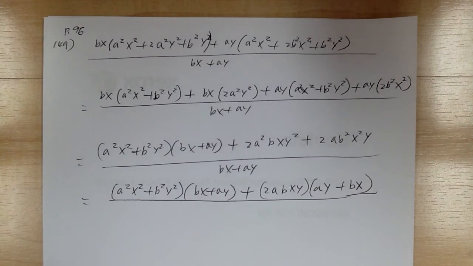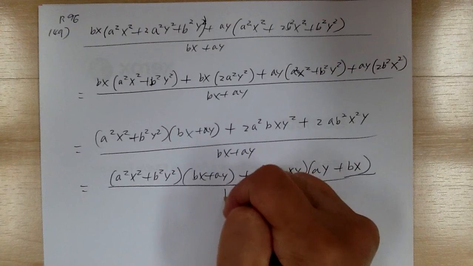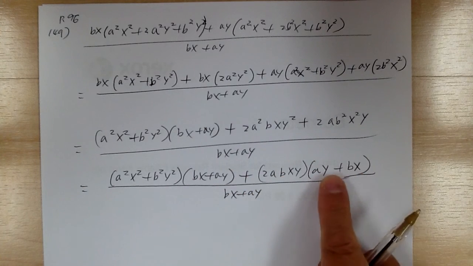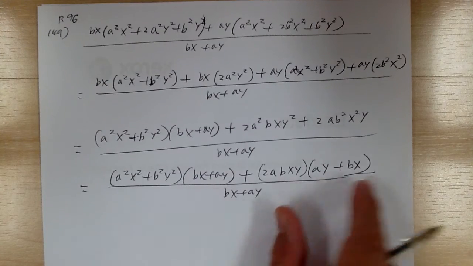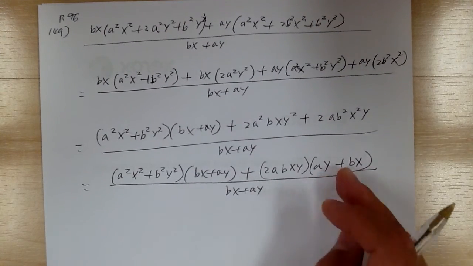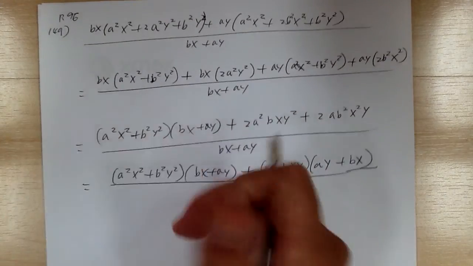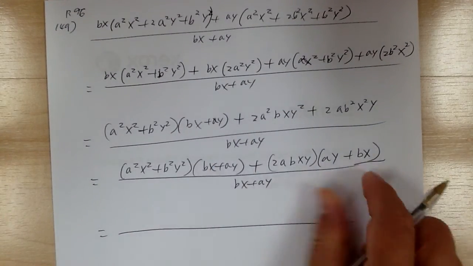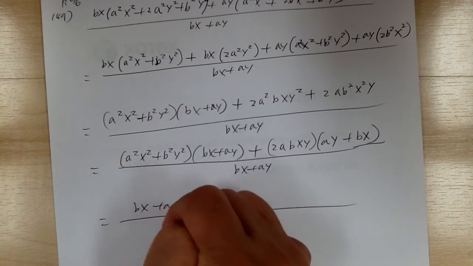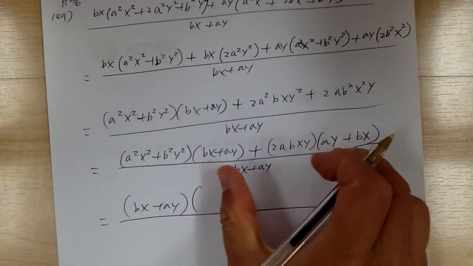There you go. It can be very long, so you've got to be very careful. Now notice I've got bx plus ay and bx plus ay. Even though those are kind of switched around, it's addition, so you can switch, right? So I'm going to factor these things out, and I get bx plus ay.